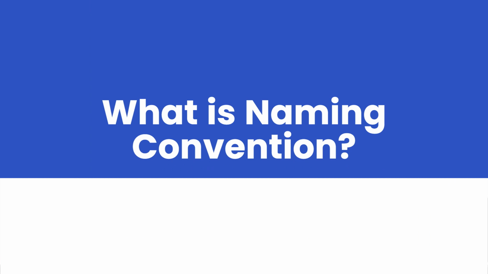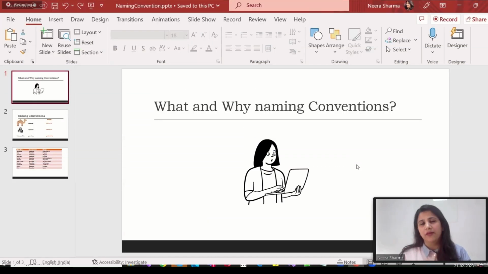As the name suggests, a naming convention is a standard or a practice that one should follow while naming anything in C Sharp. Any code item, whether it is a class, structure, variable, field, should have a standard that one should follow while naming it.